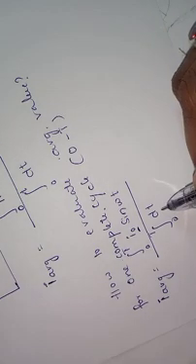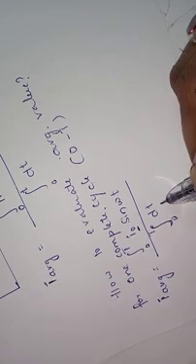So I naught is a constant. Here the integration of dt is t.